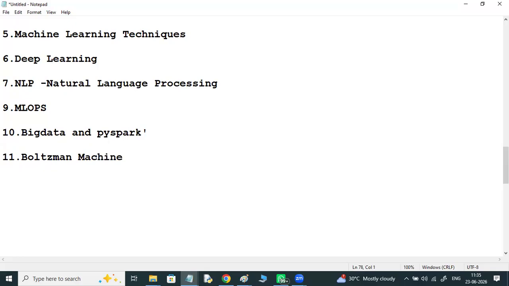Boltzmann machine is a type of neural network using a probabilistic approach to model data distributions. Autoencoder, right? Yes. A type of unsupervised learning that learns by compressing the data into lower dimensions and again reconstructing it back to the original form. Again, generative adversarial network.